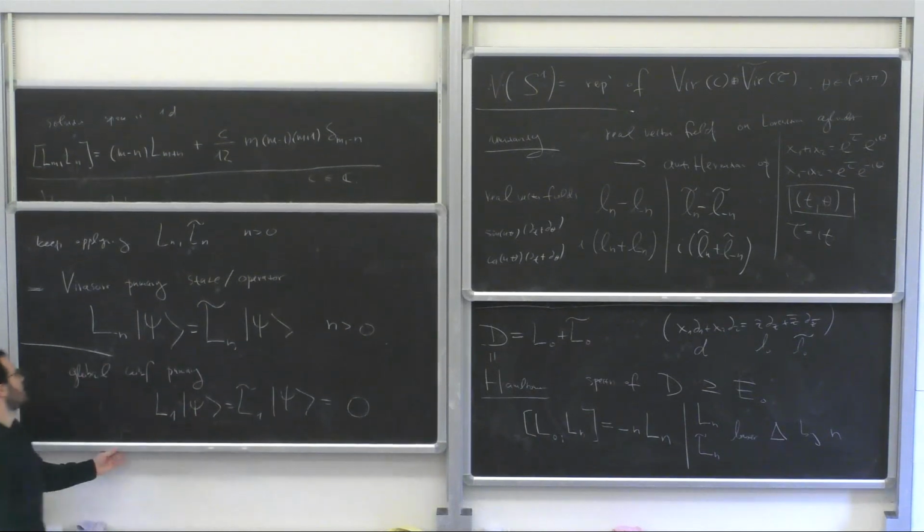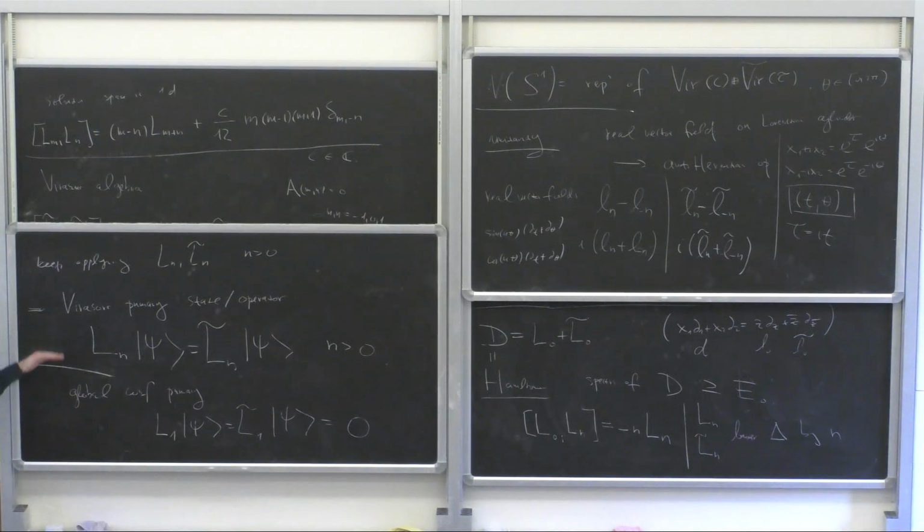So every Virasoro primary is a global conformal primary, but not every global conformal primary is a Virasoro primary, which partially explains my answer to your question from yesterday. There have to be infinitely many global conformal primaries, but there can be finitely many Virasoro primaries.